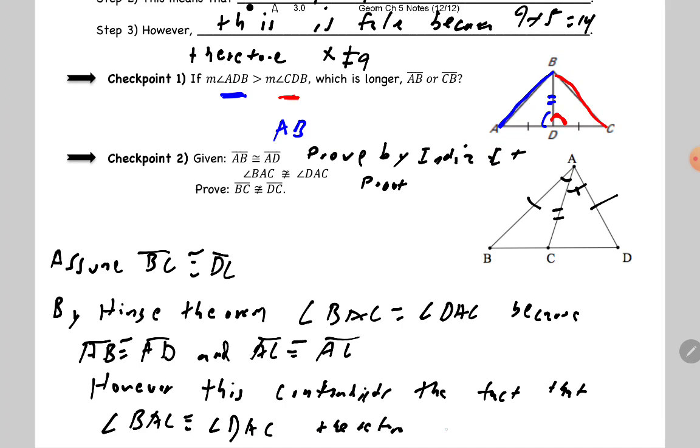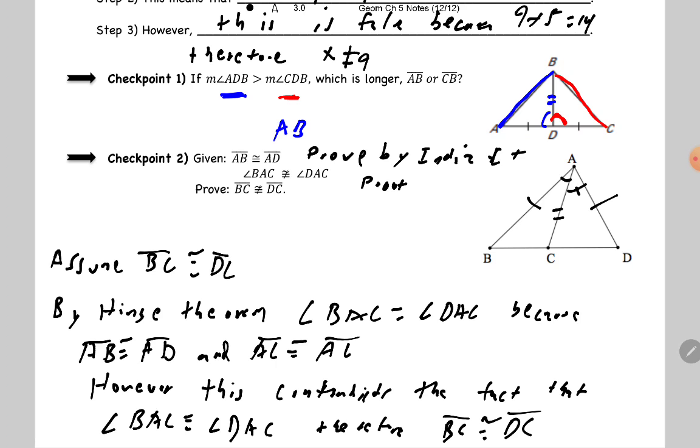Therefore, in conclusion, BC cannot be equal to DC. So you assume that the opposite is true, and then using logic and reasoning, you contradict one of your given statements.